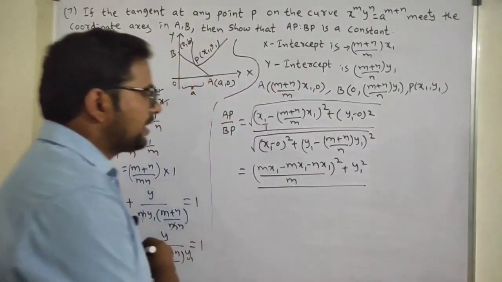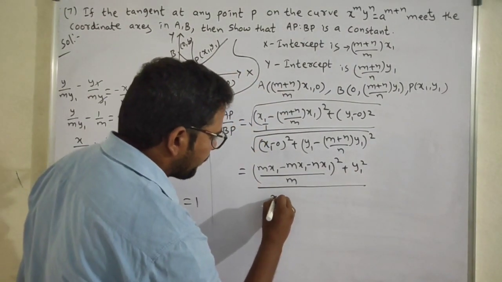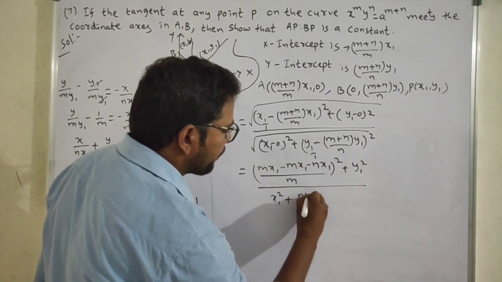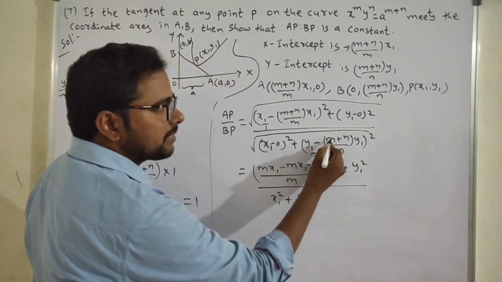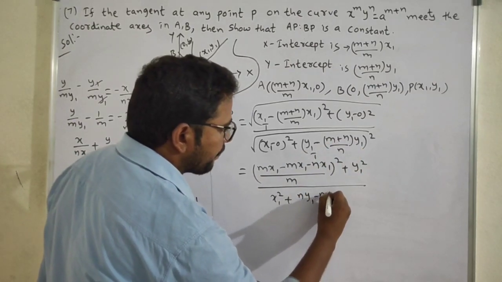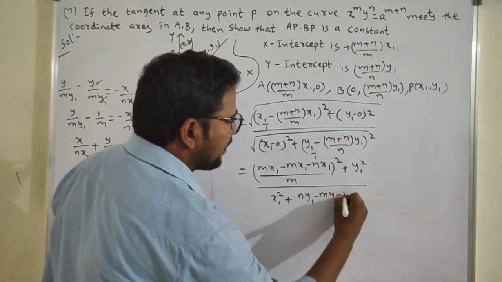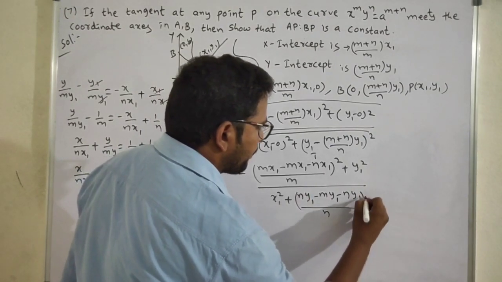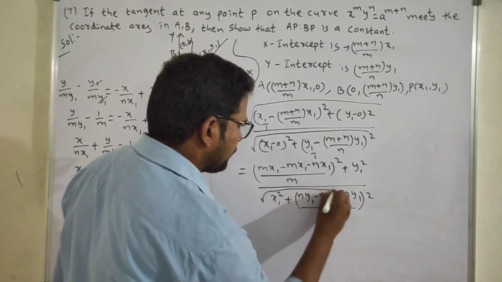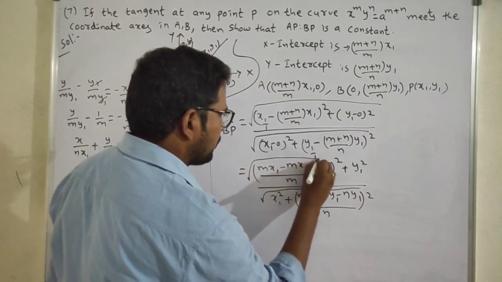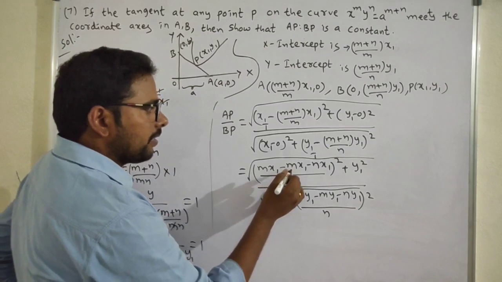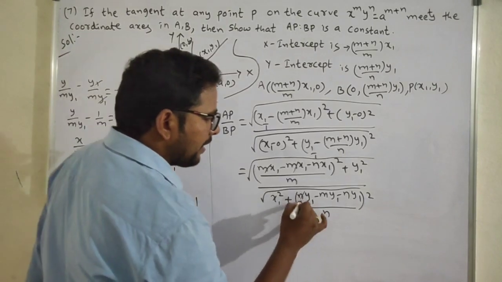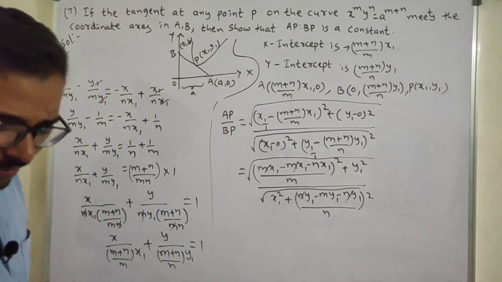Divided by x1 minus 0, x1 square, plus here also the same, the LCM is n. Into y1, ny1, multiply with minus into plus minus, my1, minus ny1, divided by n whole square, under root. Here also under root. Here mx1 gets cancelled. Here ny1 gets cancelled. So what is remaining?